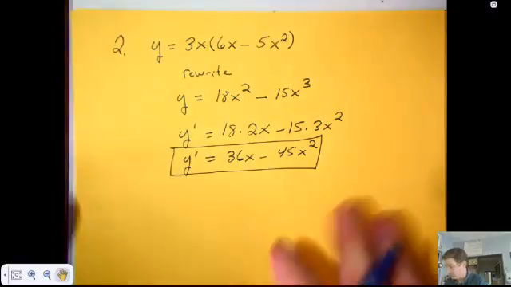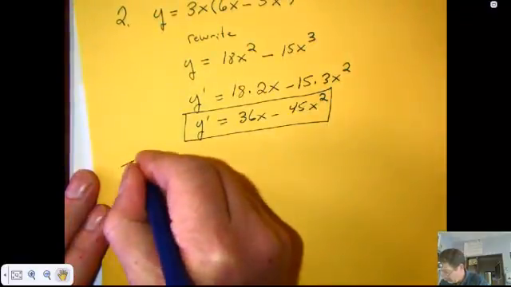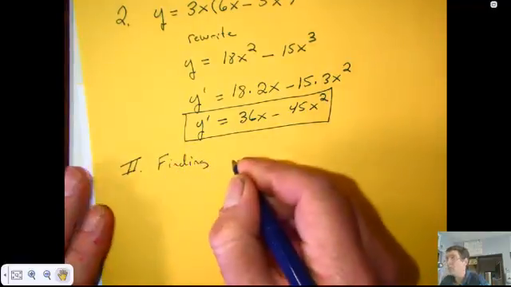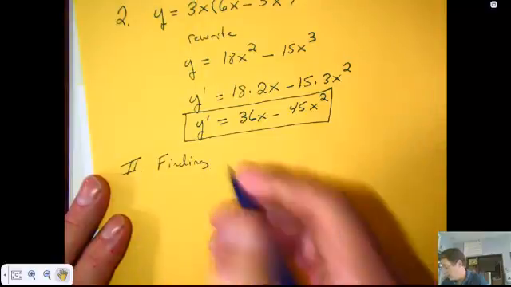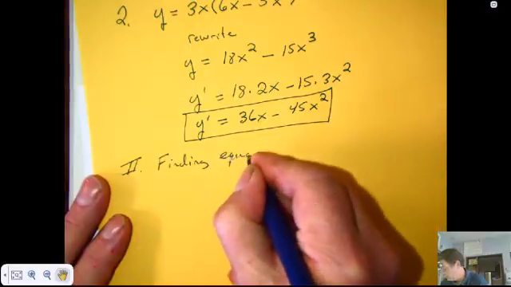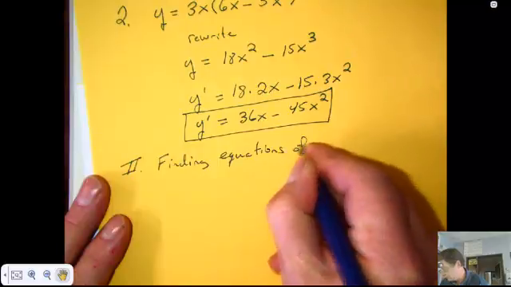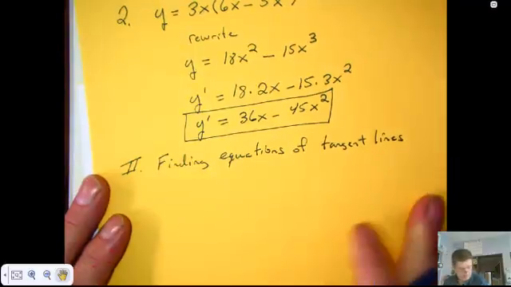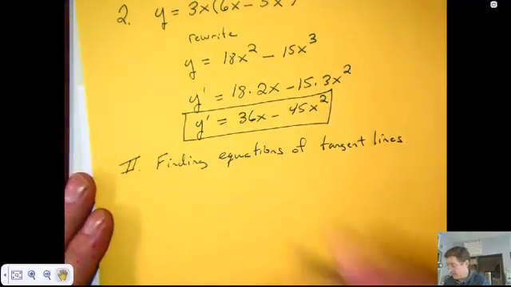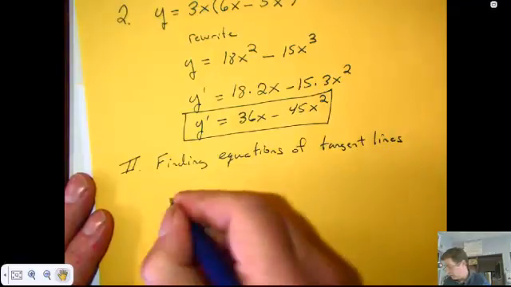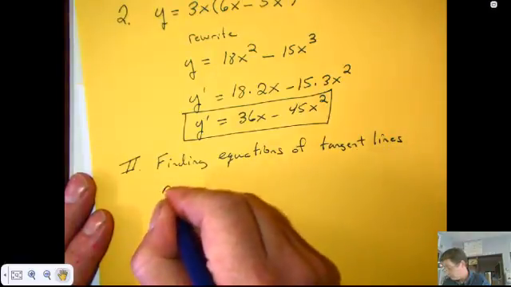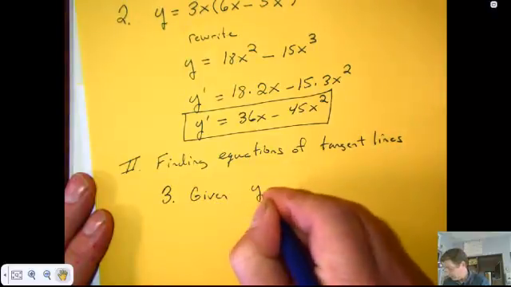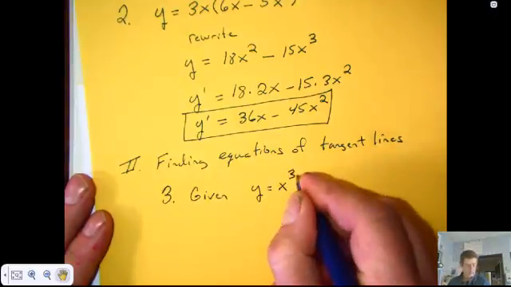Second type of question is finding equations of tangent lines. We did this a little bit with the old rule. Now we're going to use the new tools we have. So, let's say that we're given the function y equals x cubed plus x.